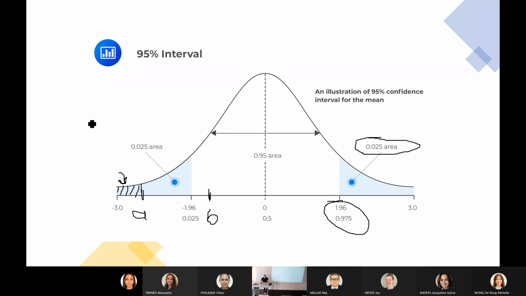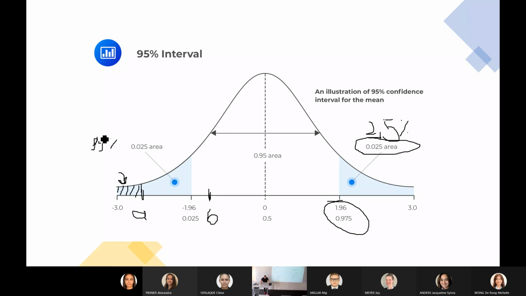Do you have any idea what will be the size of this area? So for a 95% confidence level, the size was 2.5%. So what would it be for 99%?